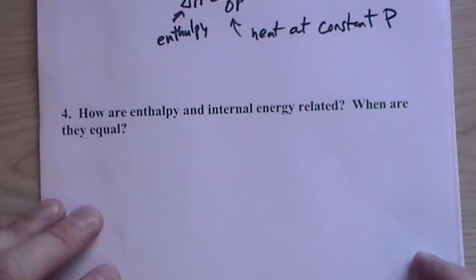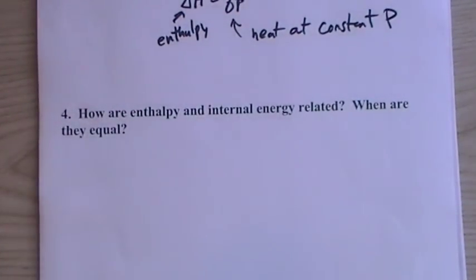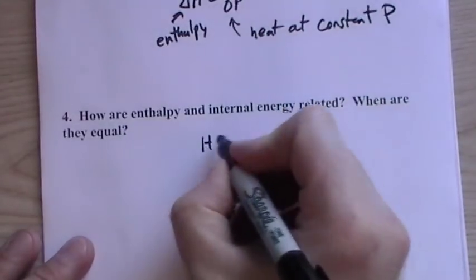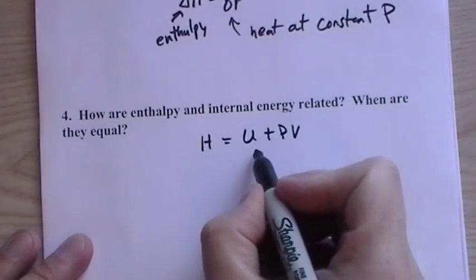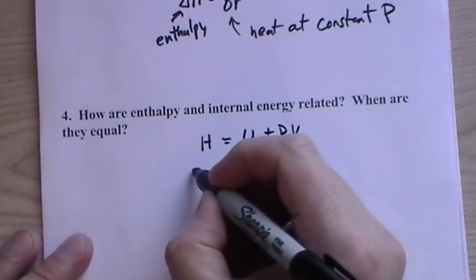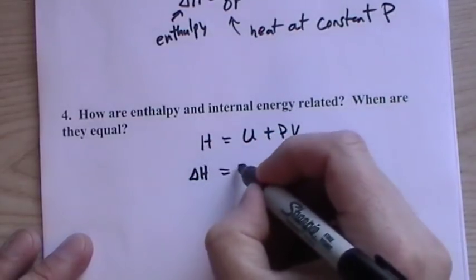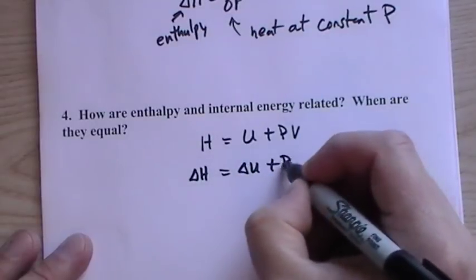How are enthalpy and internal energy related? We have H is equal to U plus PV. Enthalpy is equal to the internal energy plus PV. And in a real process, we only are interested in the change.